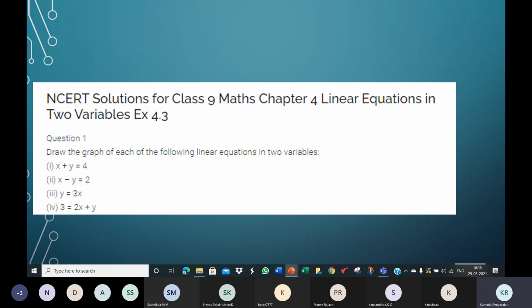And the third one, y plus 2 is equal to 0, does not have the variable x. Again, this will be a line parallel to the x-axis, because we don't have the x there. Y plus 2 is equal to 0 is nothing but y is equal to -2. This will be parallel to the x-axis at a distance of 2 units below the x-axis.